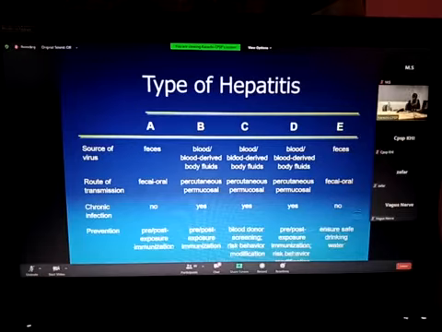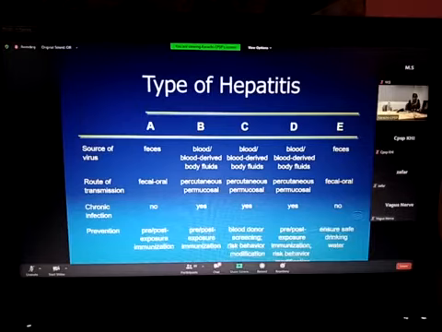In case of B, C, and D, there is a similarity in their effects. All 3 of them are blood and body fluid based transmission, and the route of transmission is primarily percutaneous or permucosal, either during transfusion reactions or through sharp injuries.